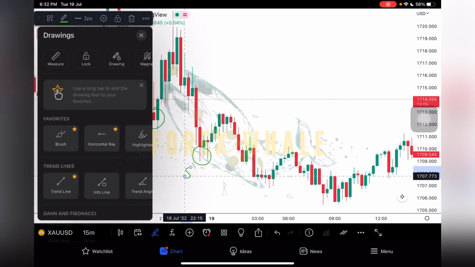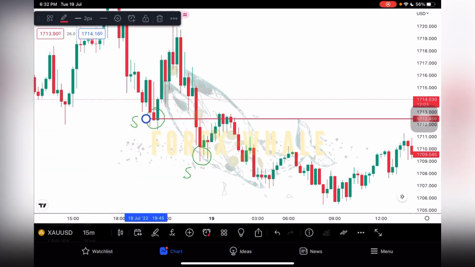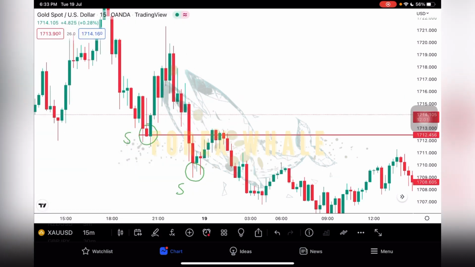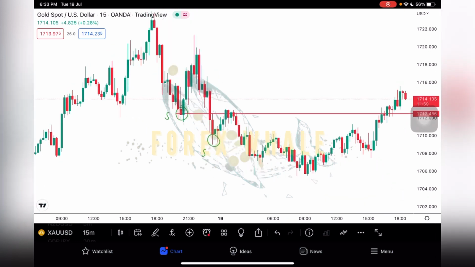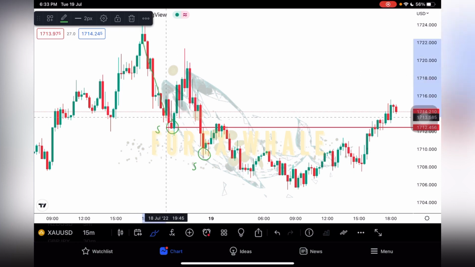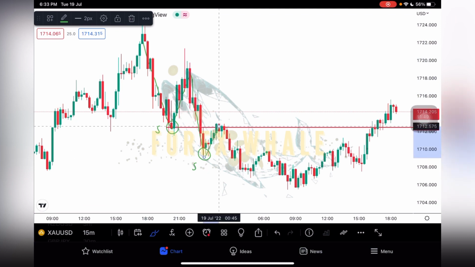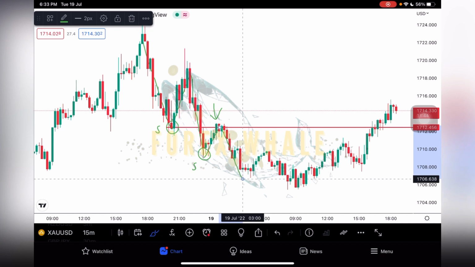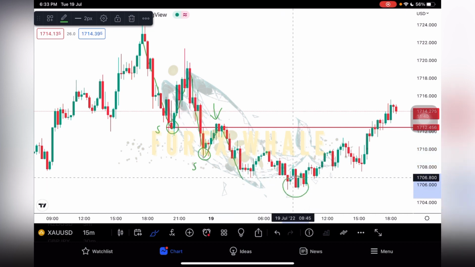So what you were looking for is a buy at this area, but what happened instead? Price did a breakout. When price does a breakout, you wait for the pullback because there's already the breakout. You wait for the pullback, and then you place your first entry here. Okay, so it went all the way down right until here.